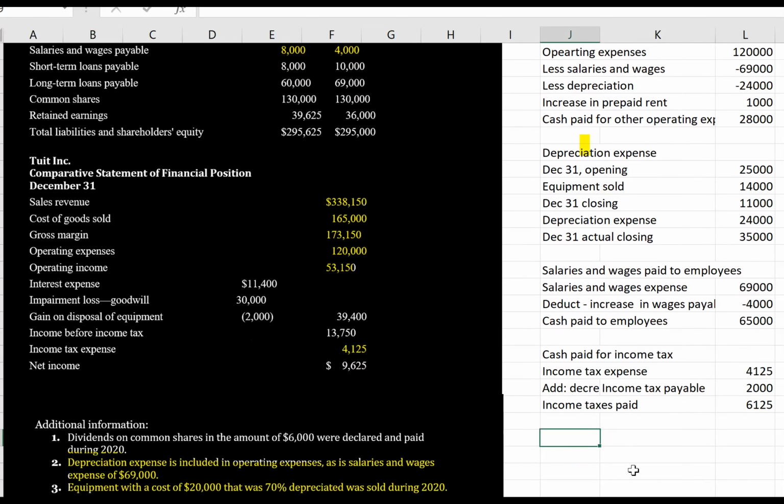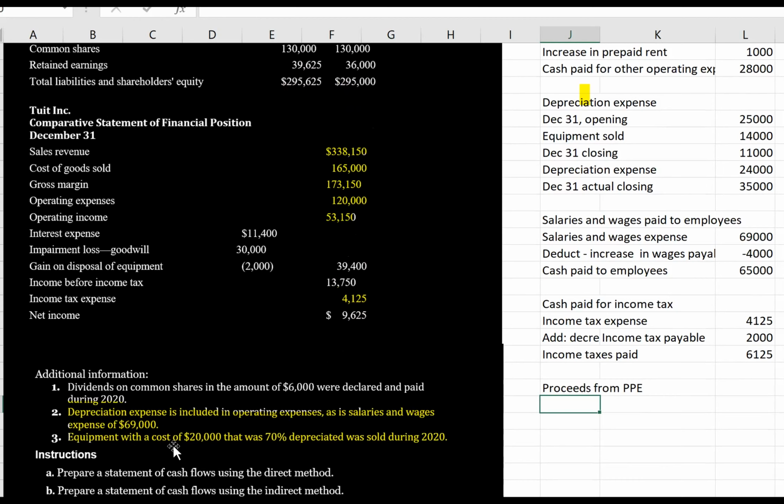So let's start with calculating the proceeds from PP&E. We had some supplemental information here. Remember where it said equipment with a cost of $20,000 was sold. So we're going to have the cost of equipment sold, so we know we're going to have a $20,000 here.